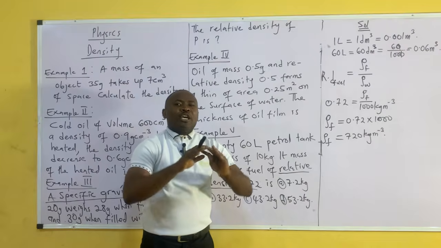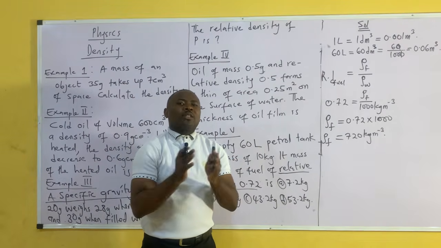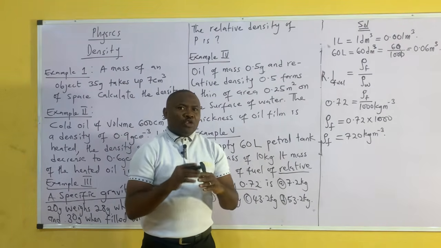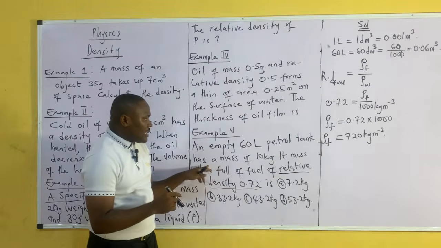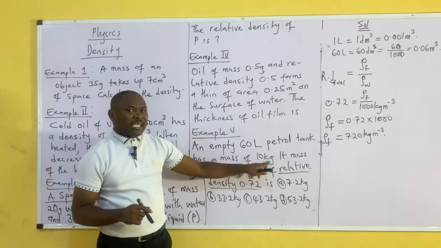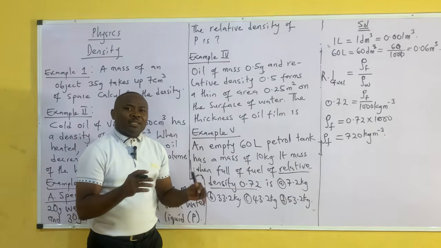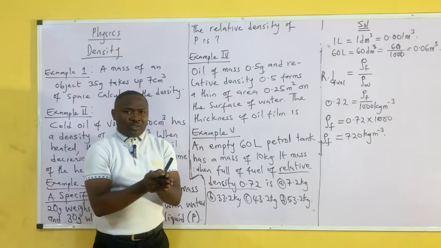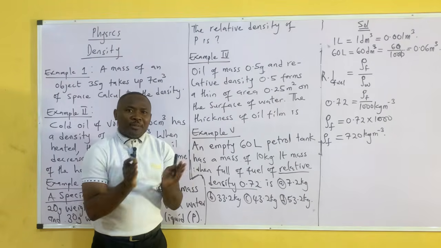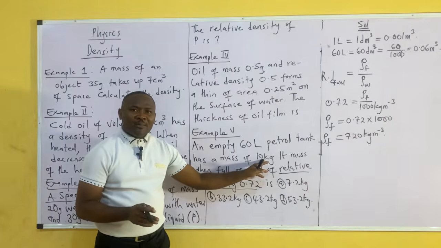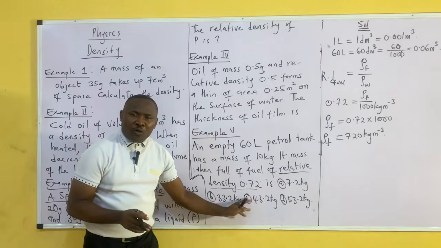That will be the total mass when the container is filled. So now I already know the mass of the empty container, which is 10. It's my job now to look for the mass of the fuel. Then when it is filled in the container, the total mass will be mass of the empty tank plus mass of the fuel.